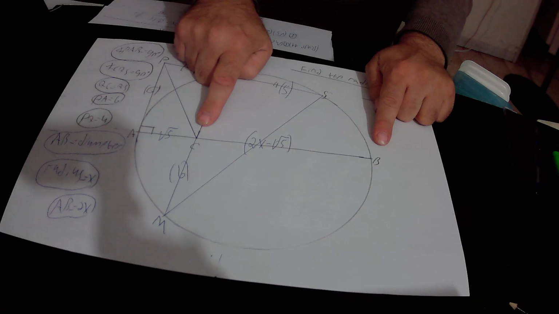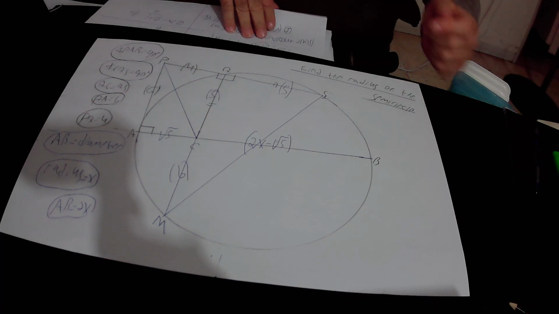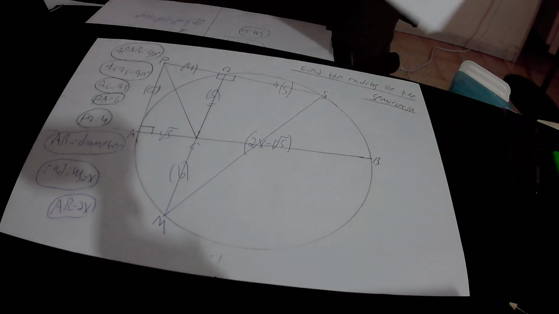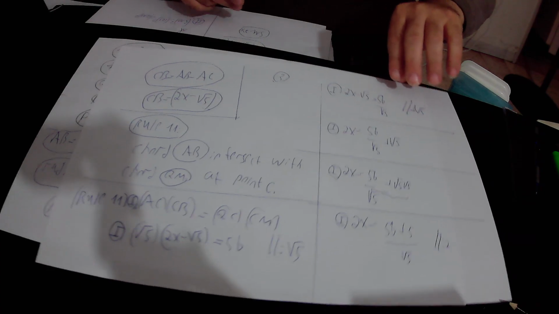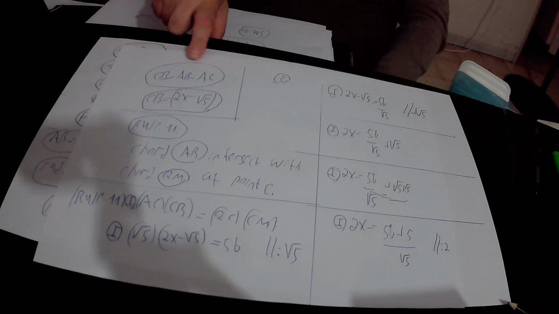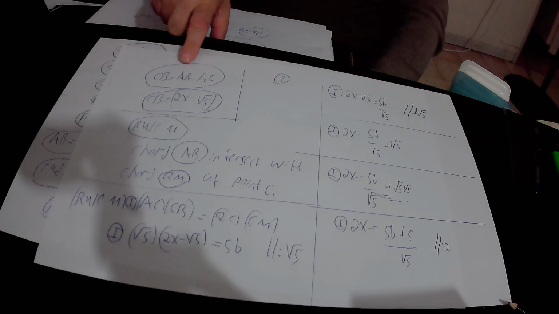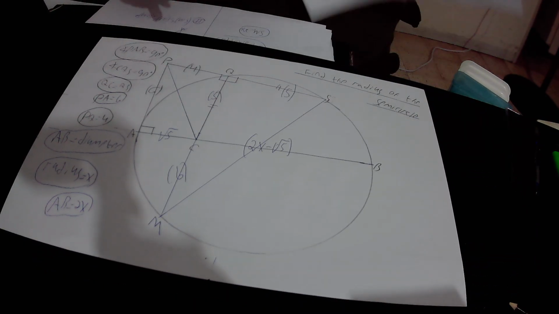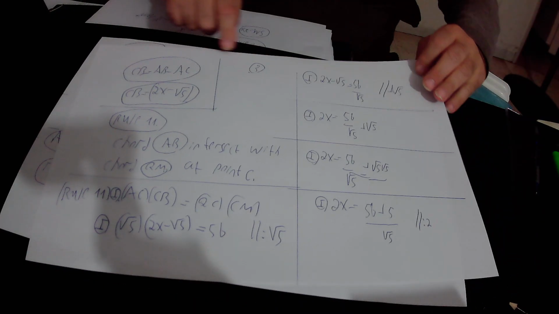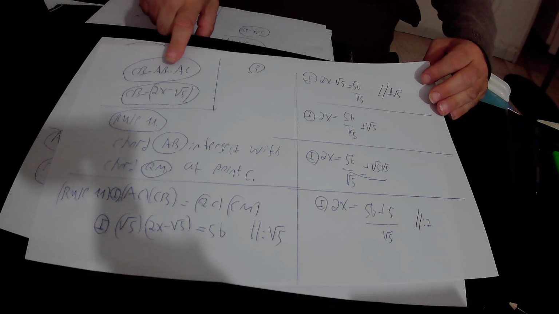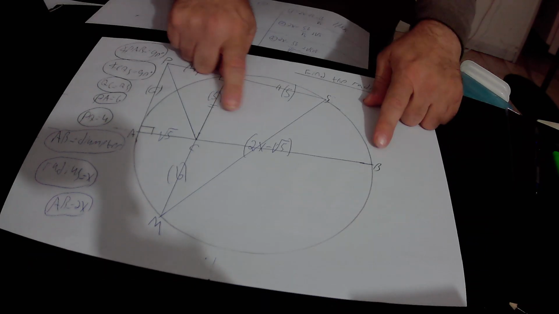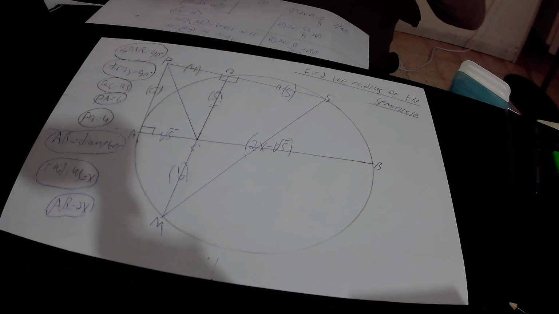So CB equals AB, that is 2x, minus AC, that is square root of 5. So in total, CB equals 2x minus square root of 5.